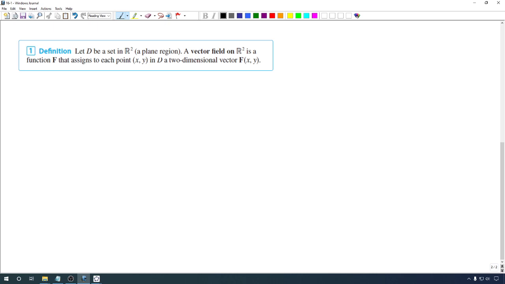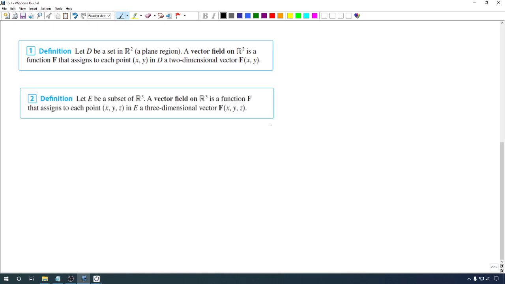If that becomes an issue, I might end up putting arrows over things just to specify what's going on. But the point is that we have a function that assigns to a point x, y in some region in the plane. So this doesn't have to be over everything, but it's taking points in R2 and it spits out a 2-dimensional vector.